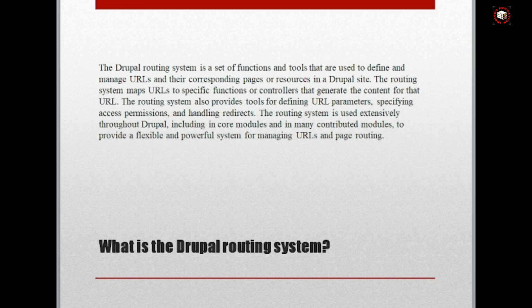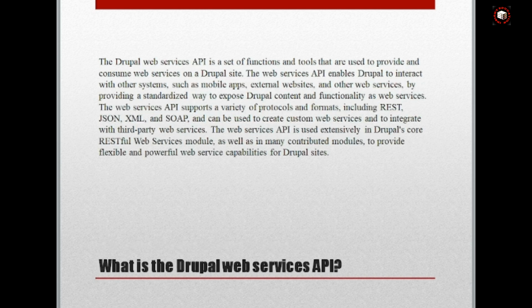The routing system also provides tools for defining URL parameters, specifying access permissions, and handling redirects. The routing system is used extensively throughout Drupal, including in core modules and in many contributed modules, to provide a flexible and powerful system for managing URLs and page routing.